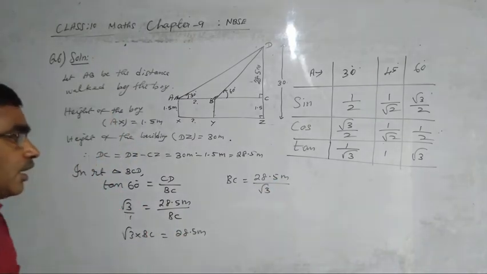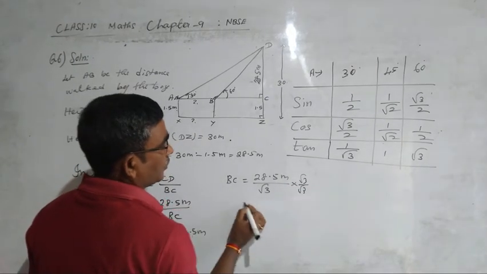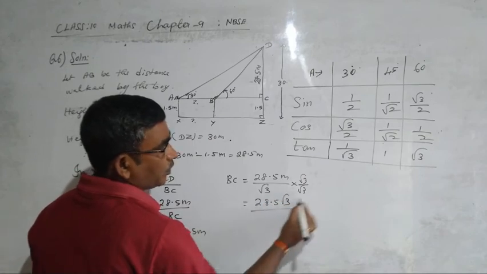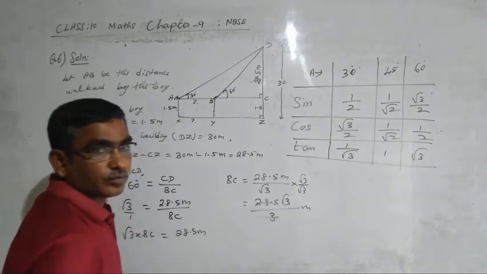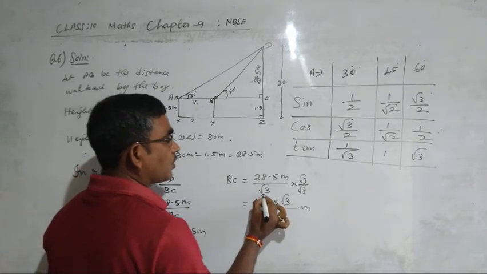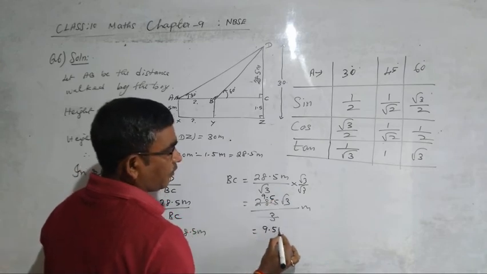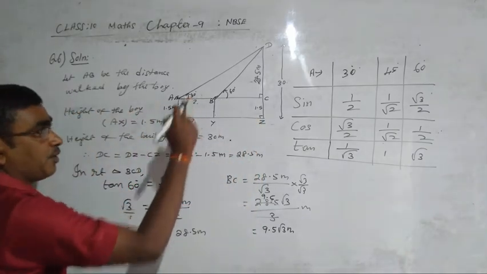The denominator is root 3, rationalize it. So multiply by root 3. So 28.5 root 3 divided by 3 meter. 3 nines are 27 and 3 fives are 15. So 9.5 root 3 meter. This is the BC value.